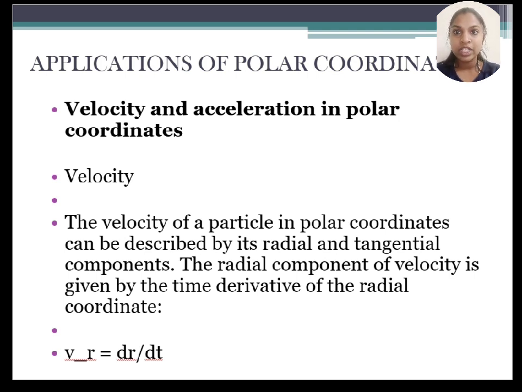First is velocity. The velocity of a particle in polar coordinates can be described by its radial and tangential components. The radial component of velocity is given by the time derivative of the radial coordinate, Vr is equal to dr by dt. And next is acceleration.